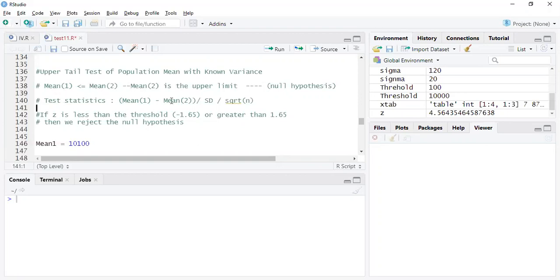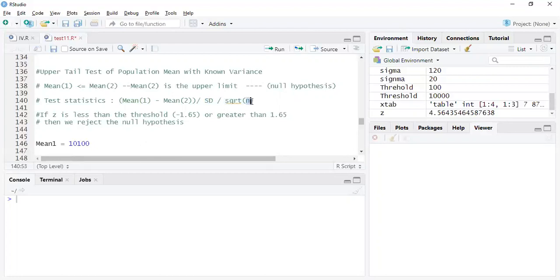Now, the test statistic, as you know from other hypothesis tests, is basically the difference in the means divided by the standard error. So you have mean 1 minus mean 2 divided by the standard error, and the standard error is nothing but the standard deviation divided by the square root of n.